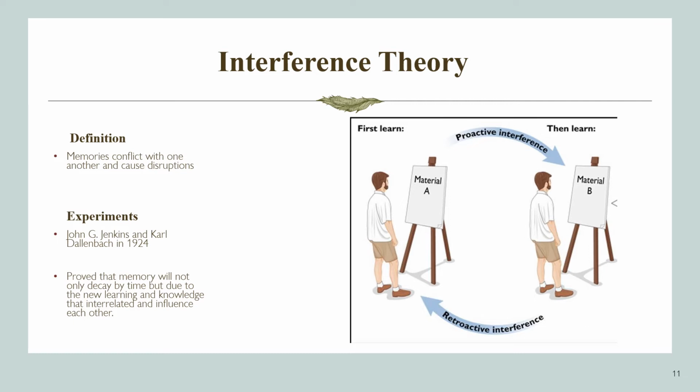The second one is retroactive interference. It can be described as an individual forgetting older learned information due to newly learned information. The example is when an individual transfers to a new working environment, he or she might forget the names of previous colleagues.